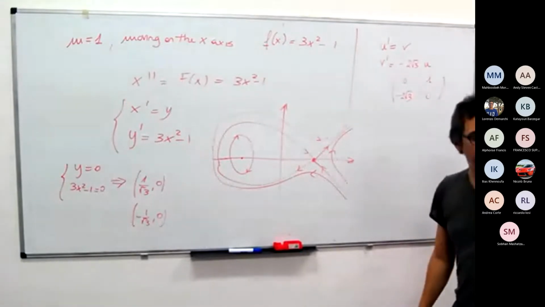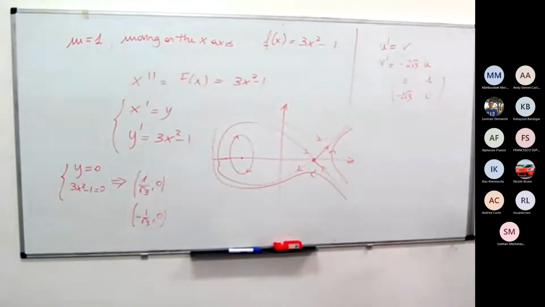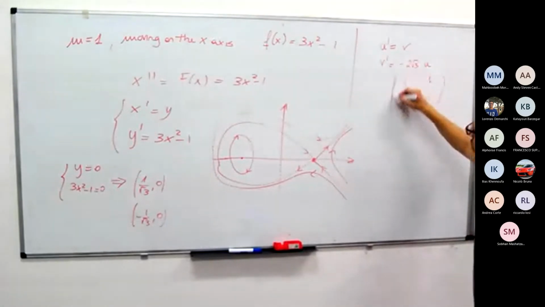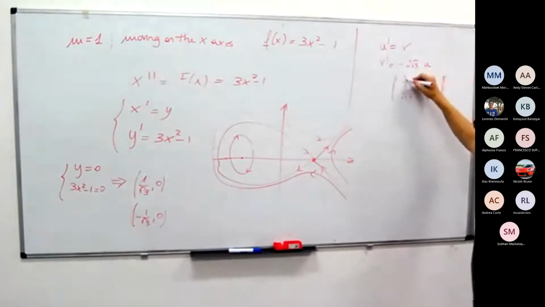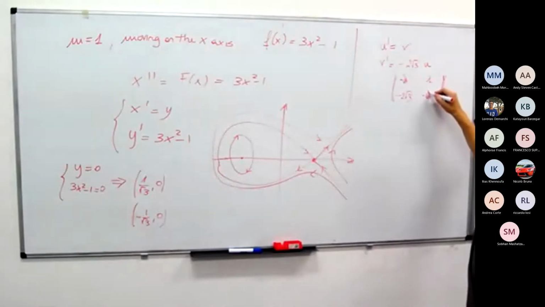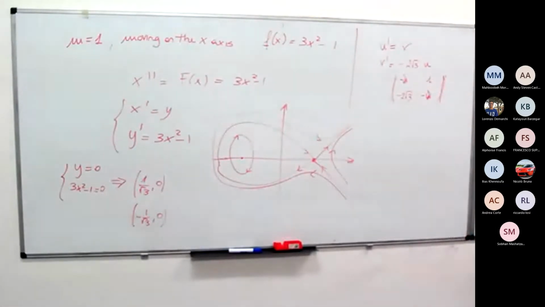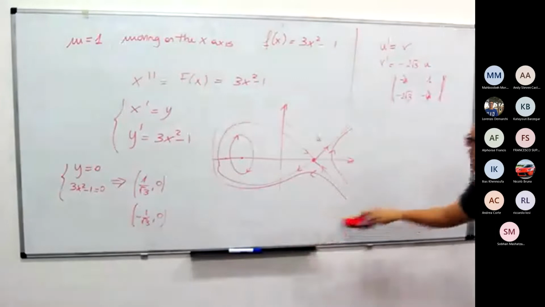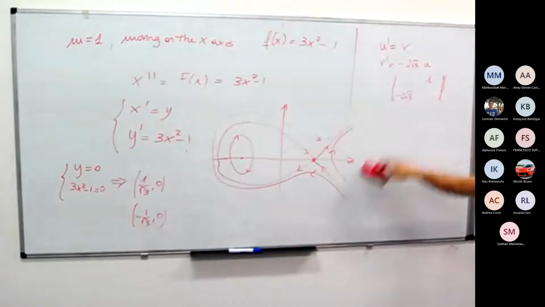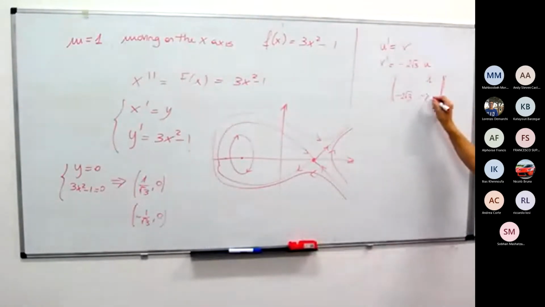So what I have to do is to find the eigenvalues of this matrix here. So I have to calculate the determinant of this object here, and put this determinant equal to 0.